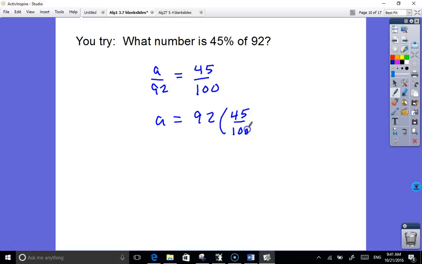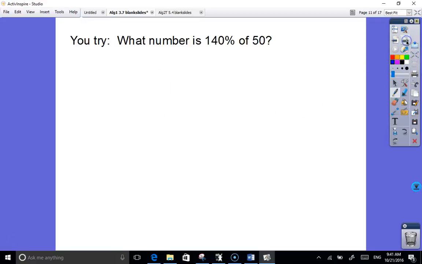Okay. Let's not do that one. So 20 is 12.5% of what number?